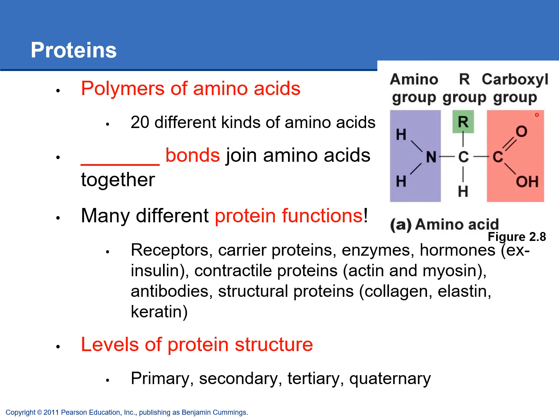And the carboxyl group is actually acidic. It actually releases hydrogen ions, and so that's where the acid part came from. And then what makes all the amino acids different from each other is this R group. Okay, so that's different for the different 20 amino acids. Right, and then the type of covalent bond that's joining the amino acids together to make the protein, these are peptide bonds.